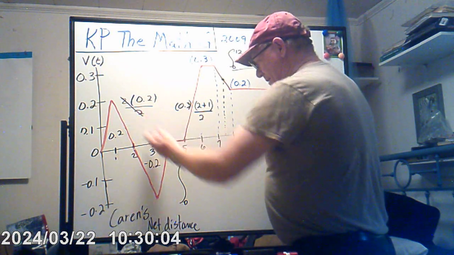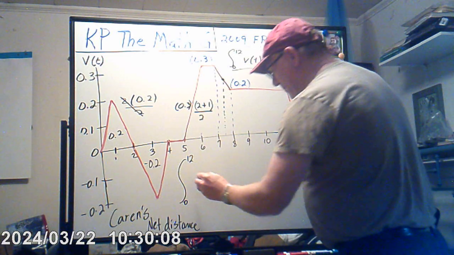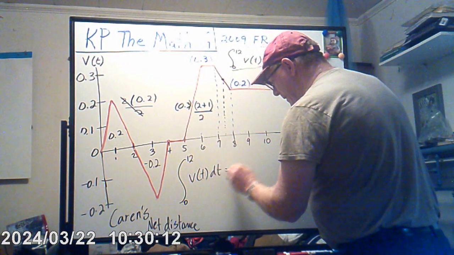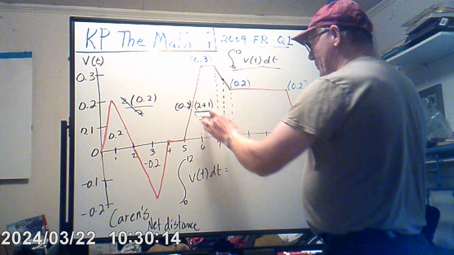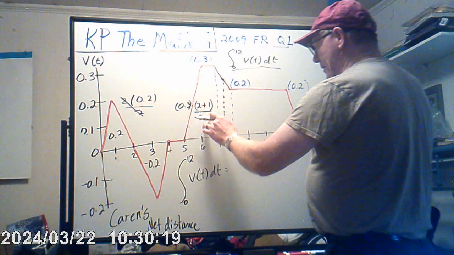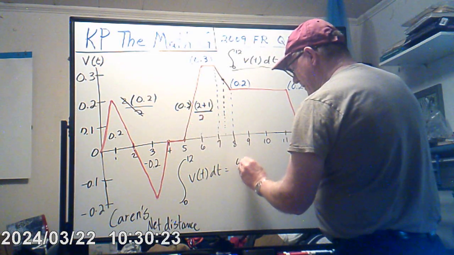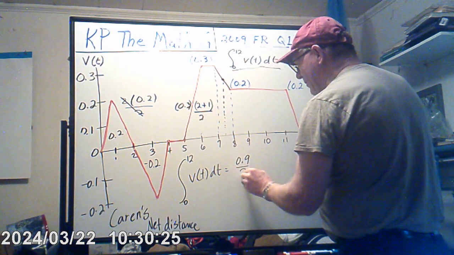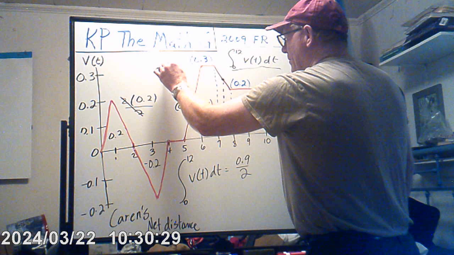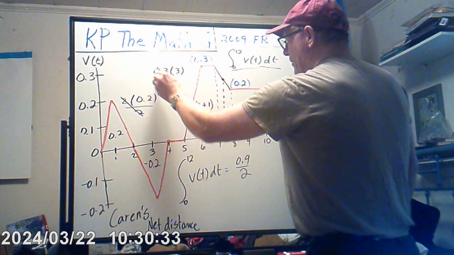Okay, this is 0 here. Alright, so the integral of V(t) dt is equal to, now this one was 2 plus 1 over 2, which was equal to 0.9 over 2, because remember this is 0.3 times 3, 2 plus 1 is 3, over 2.